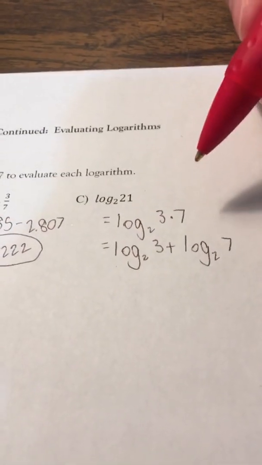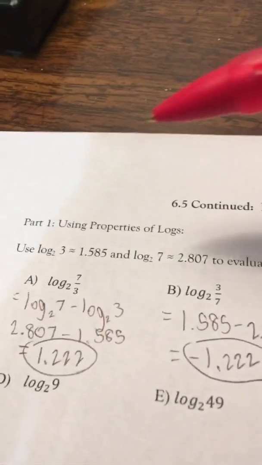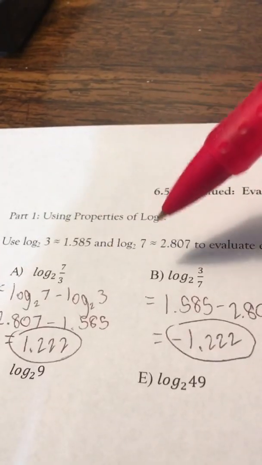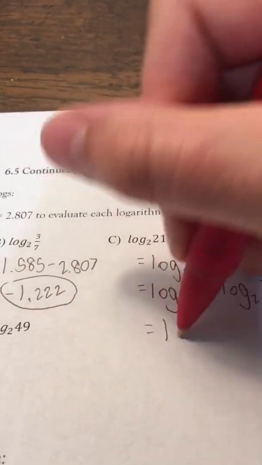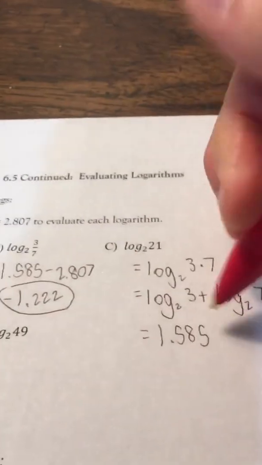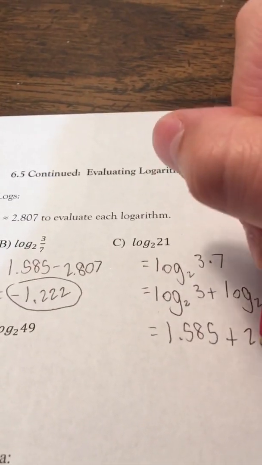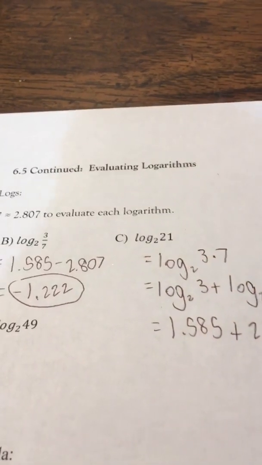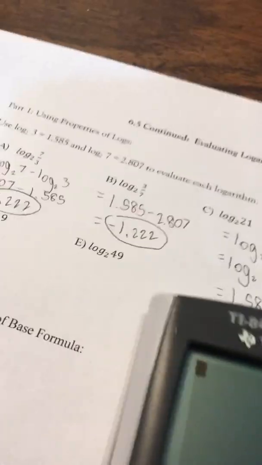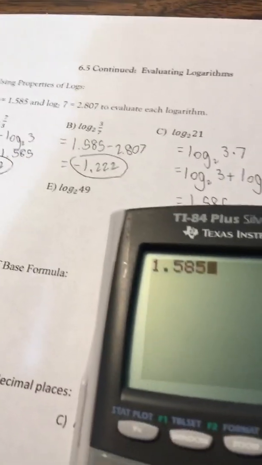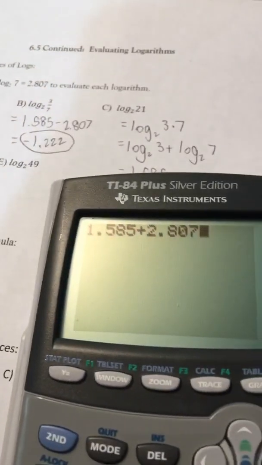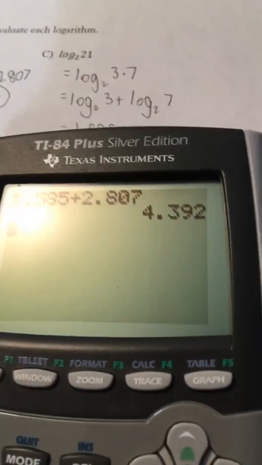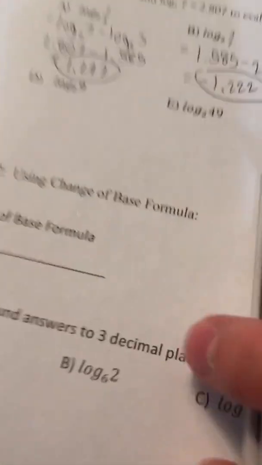And I know what those are, so I'm just going to add these numbers together. 1.585 plus 2.807. There it is, 4.392.